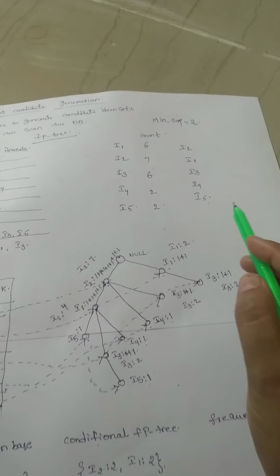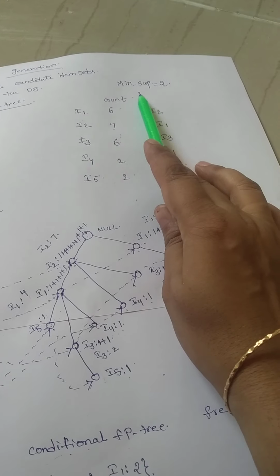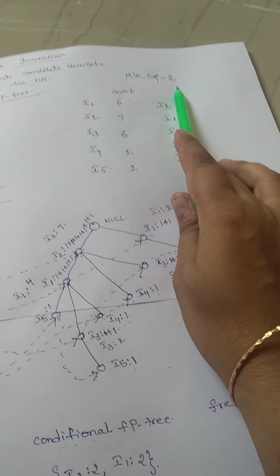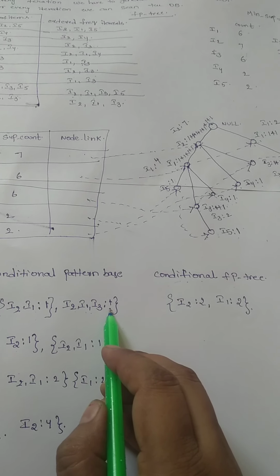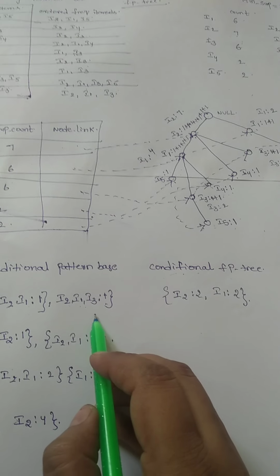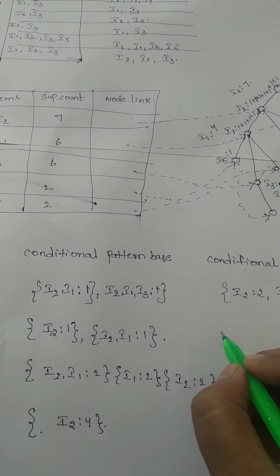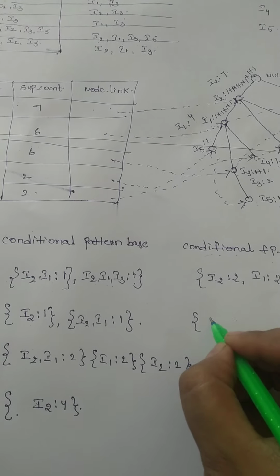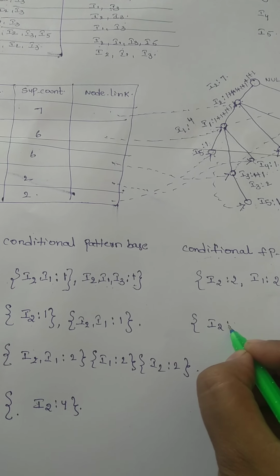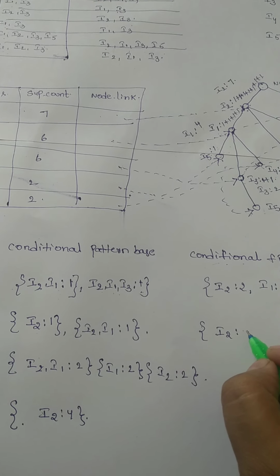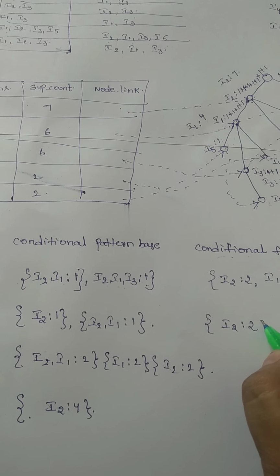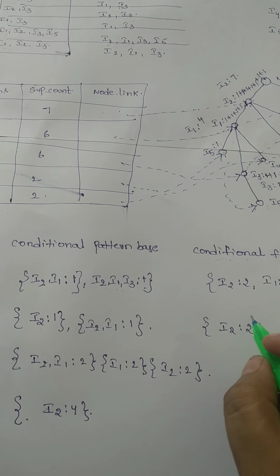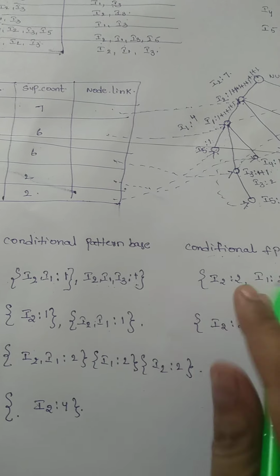In this example the minimum support is 2. So for I3 the value is 1, so no need to take I3. Next, I2 is 2. So no need to take I1, as I1 is only 1.